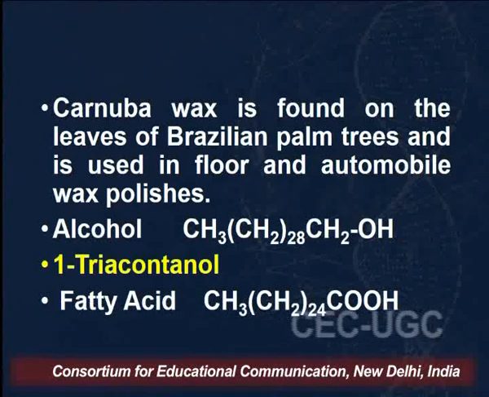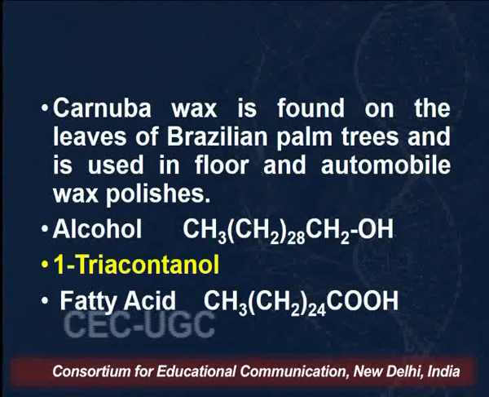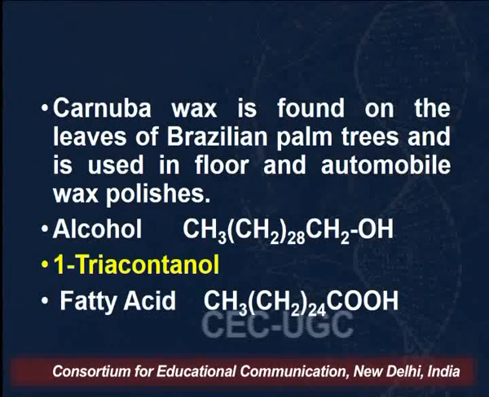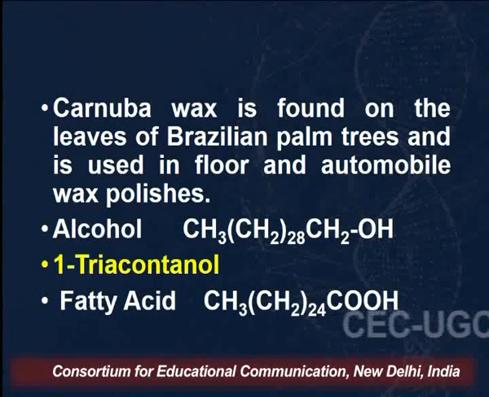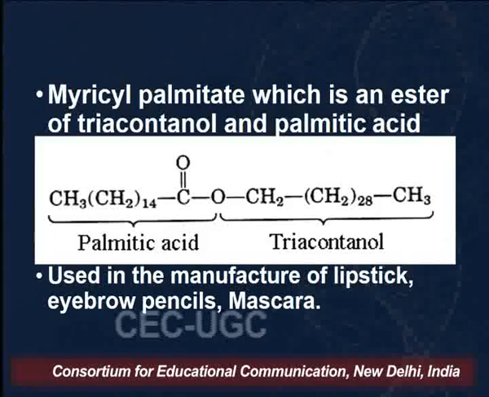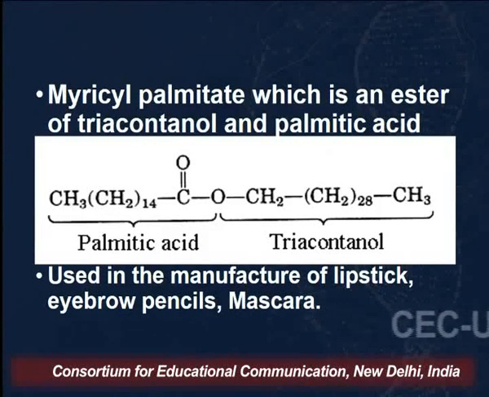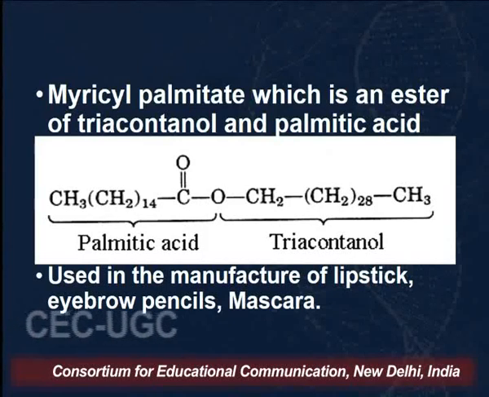And when we say tria, that means add another 10 carbons. So the total number of carbons in the alcohol triacontanol is 30, along with the primary hydroxyl group, and the fatty acid is palmitic acid. So it is an ester of palmitic acid and triacontanol, and we can also call it myricyl palmitate.